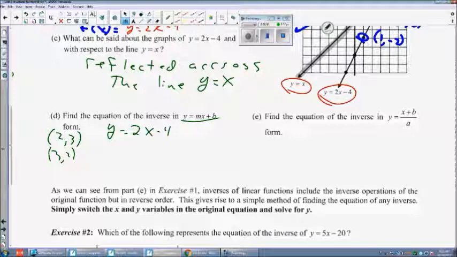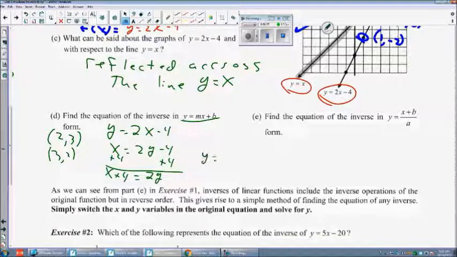Switch y and x. x equals 2y minus 4. But it says y equals mx plus b form, so we have to solve for y. Add 4. x plus 4 equals 2y. Divide by 2. Yes, y equals 1/2 x plus what? 2.